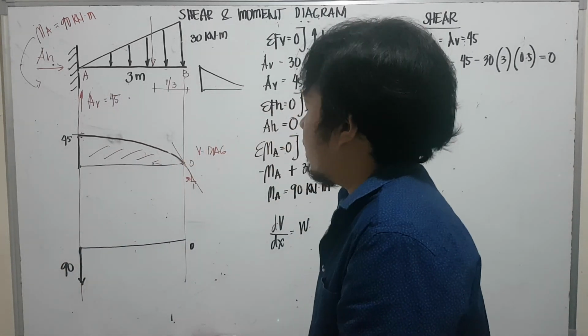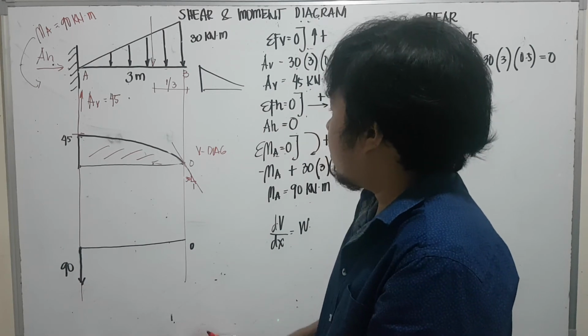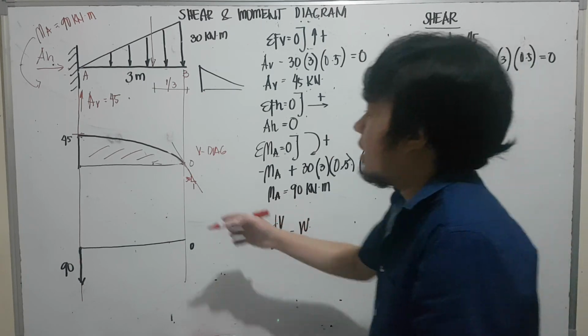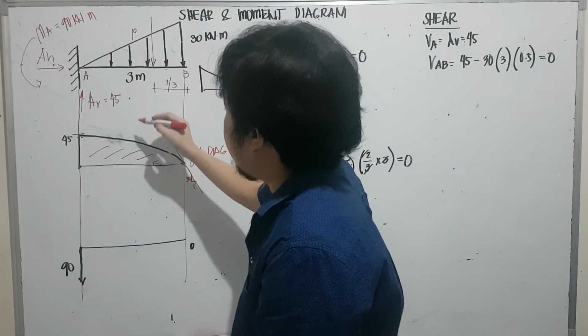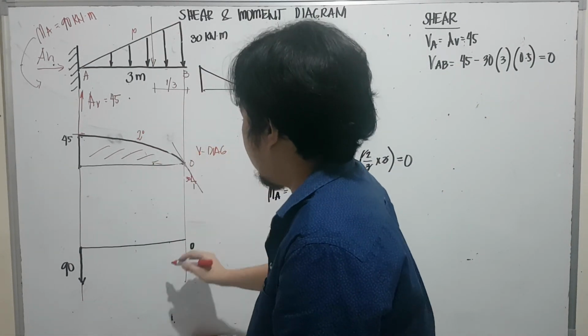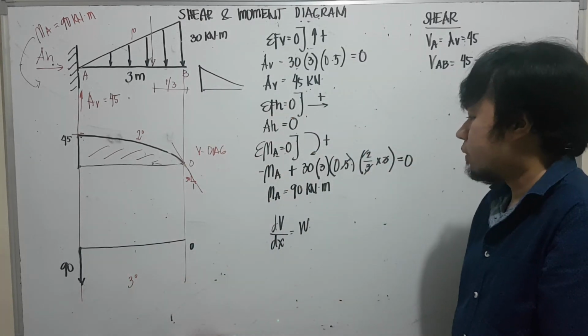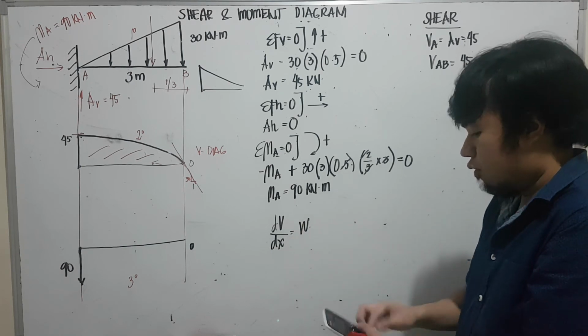So the next thing that we need to do is to determine the slope. What would be the behavior of that? This is a first degree curve, then a second degree curve. So it is expected that this would be a third degree curve.